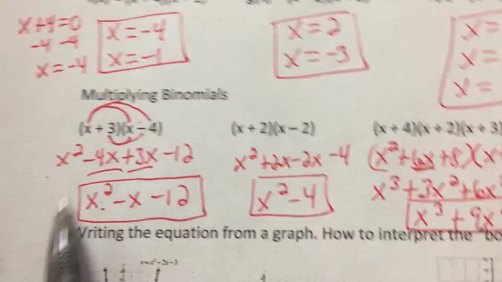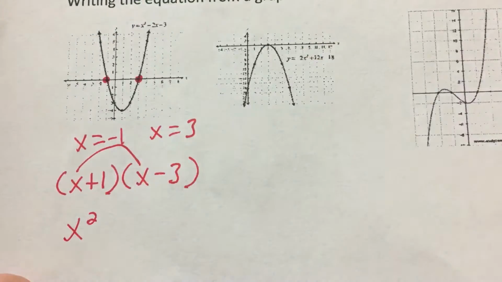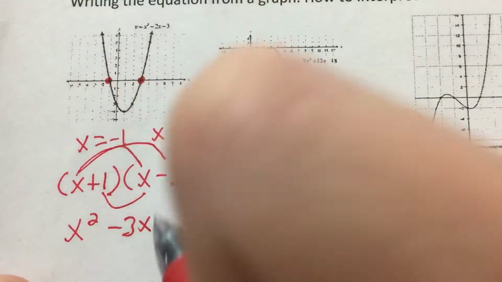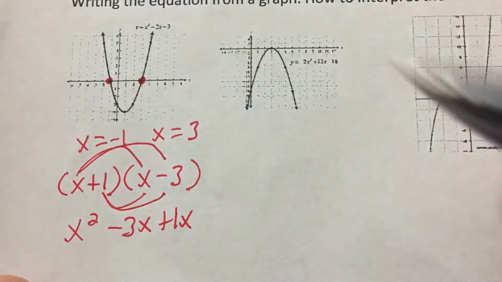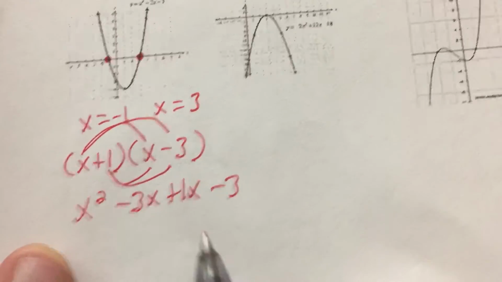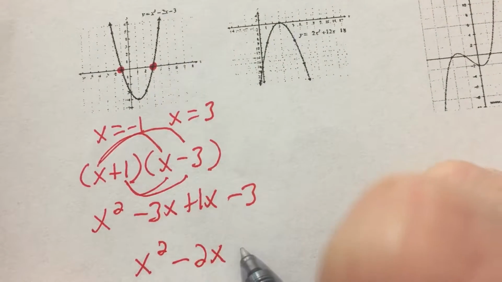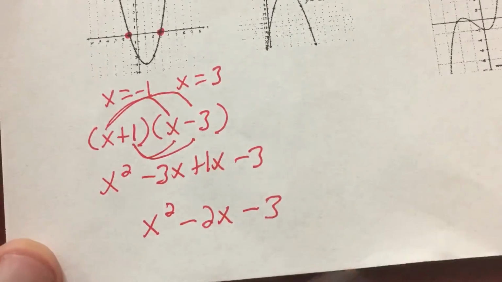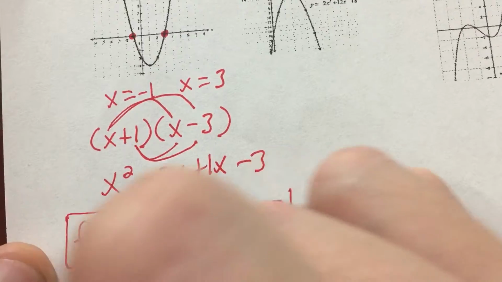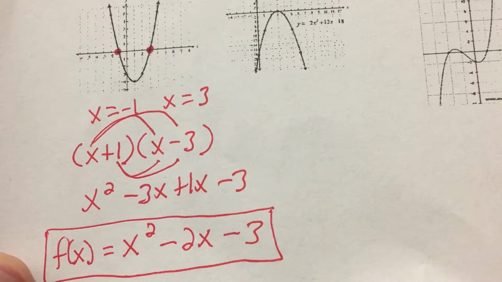And now I'm going to multiply, just like I did up here before. x times x is x squared. x times -3 is -3x. 1 times x is 1x. 1 times -3 is -3. Two terms in the middle are like terms. If you combine them, you'll get -2x. So we end up with x squared, -2x, and -3. I'm going to stick an f of x equals in front of it, and now I have the entire equation of that parabola, like so.